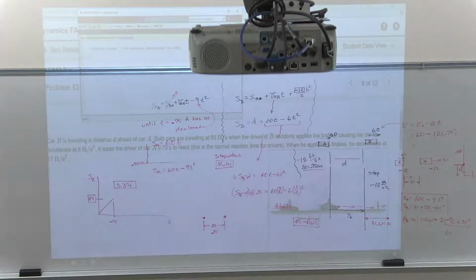This sounds weird, but I'm going to put in just a guess for the value of D. D is equal to 10, say. So that's how far they're apart, and I'll go back and change that. So now I'll say T, it can't be more than 5 seconds. So we'll say there's my time.